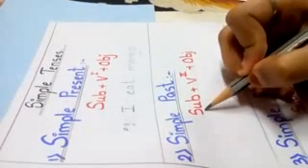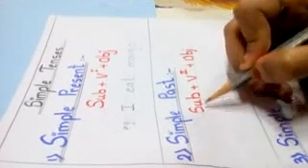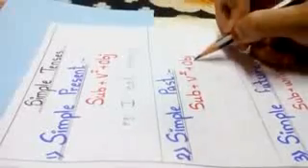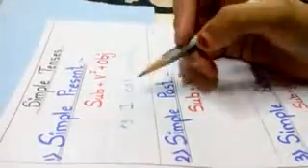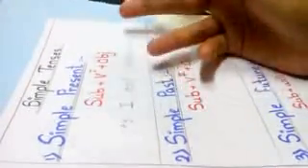Now if I want to convert this sentence into simple past tense, so what I will do? I will use another formula for simple past tense. For simple past tense I have the formula subject plus V2 plus object. Now what is V2? V2 is the past form of verb. What is the past form of eat? Ate. What is the past form of write? Wrote.